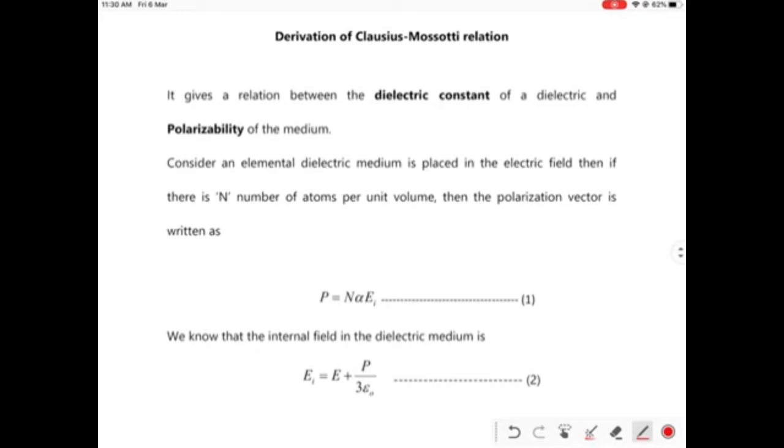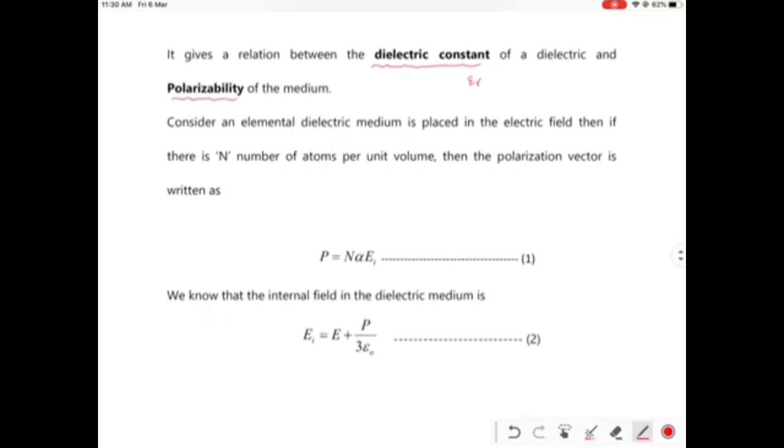Derivation of Clausius-Mossotti relation. What is the polarizability? It gives the relation between the dielectric constant of dielectrics and the polarizability of the medium. Let us consider an elemental dielectric medium placed in the electric field.